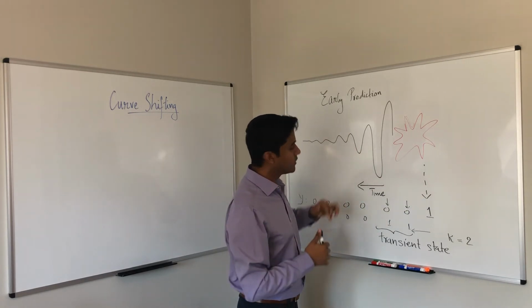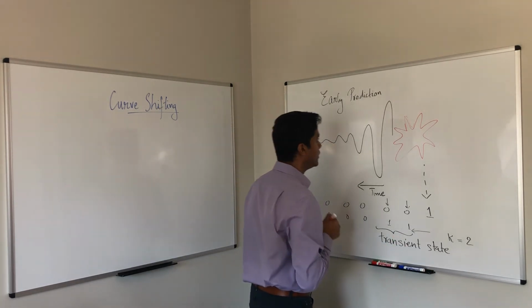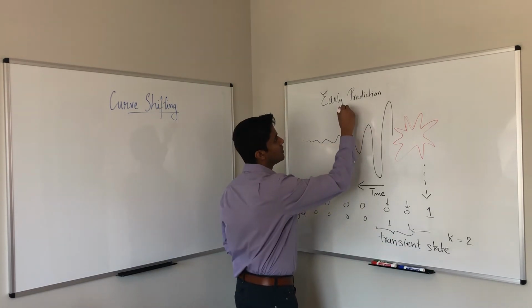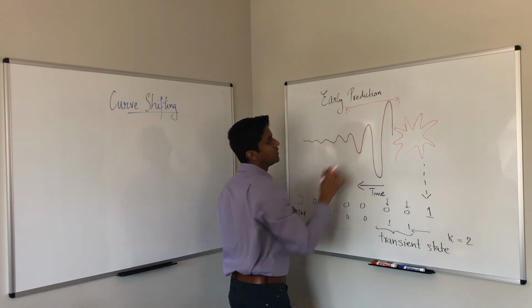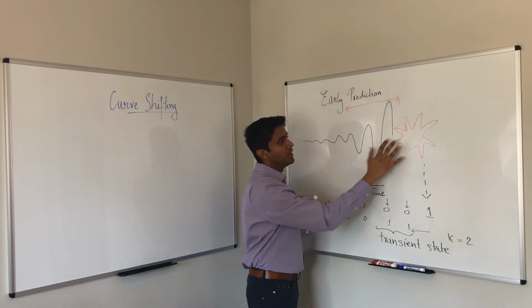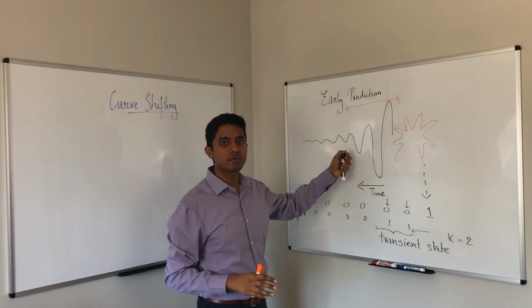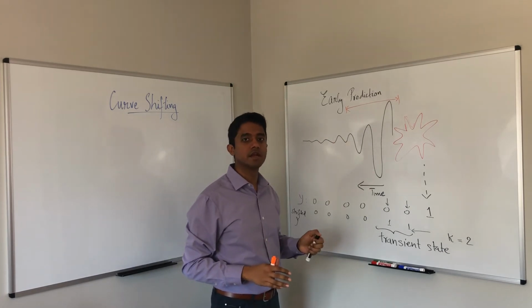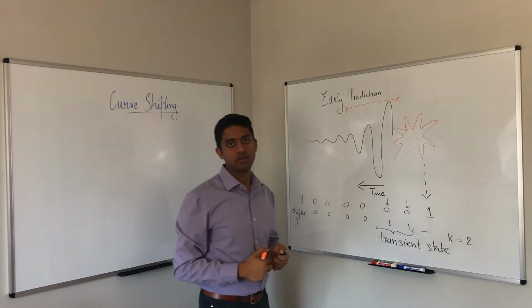In this transient state, which lies somewhere here, this is my transient state, this part, things start to shake up slowly, ultimately leading up to this event. If we just predict this transient state, that means we are predicting this event in advance.